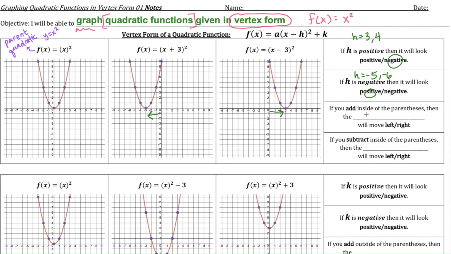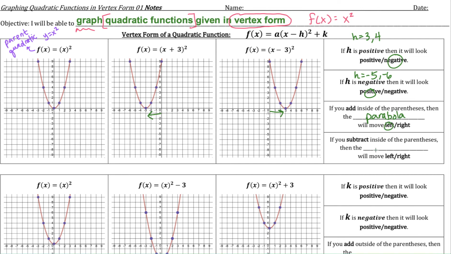So that's why when we add, we move left, because that's actually a double negative. That's why when we subtract, we go right, because that was actually a positive. We just took it away. So if you add inside the parentheses, the parabola will move left.